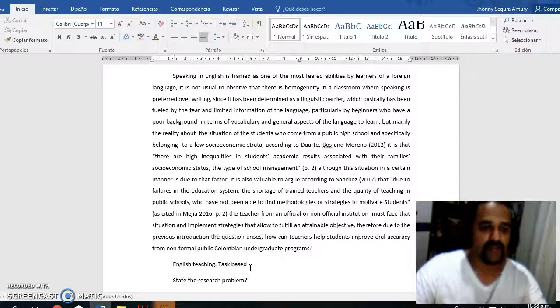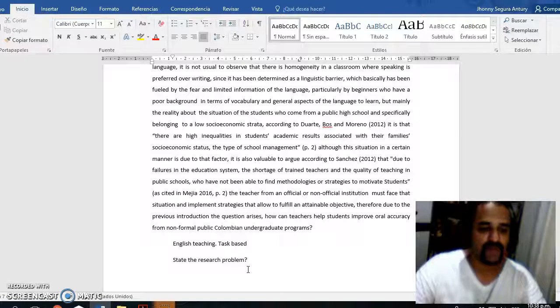You've been contextualizing about the low socioeconomic strata, which is okay, and I think that's giving us somehow what we need to focus on. But I need you to focus exactly on the discussion that you bring in, which is task-based, and state the research problem, and say that you want to apply task-based as a strategy to enhance their oral production, since the way they've been learning English probably has been problematic.